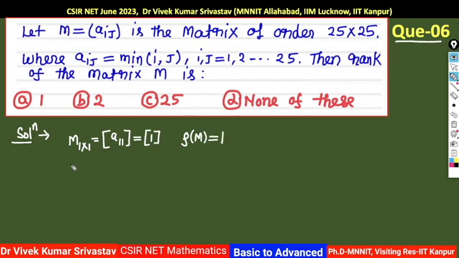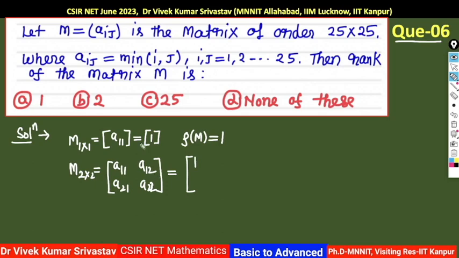Now we take a 2 cross 2 matrix. Its elements are basically a11, a12, a21, and a22. This condition says we have to take aij as the minimum value of the suffixes. So the first entry is 1, minimum of 1 and 1 is 1.